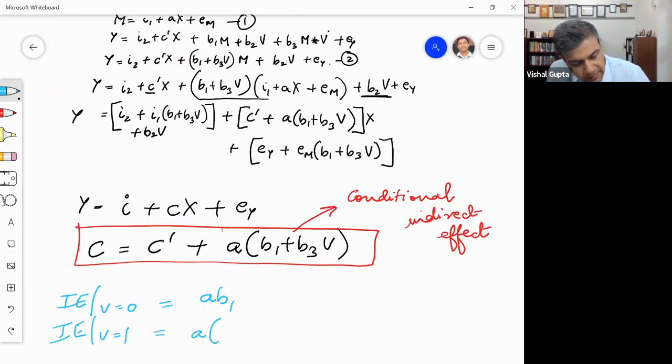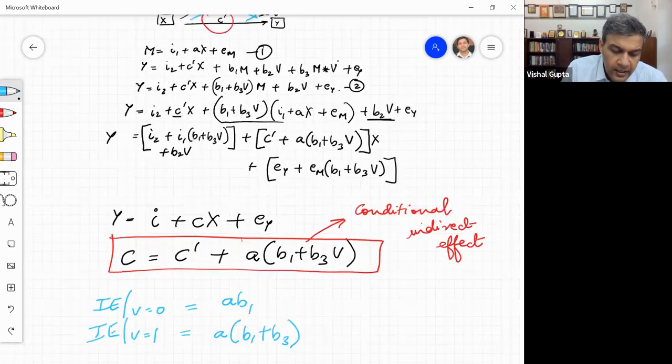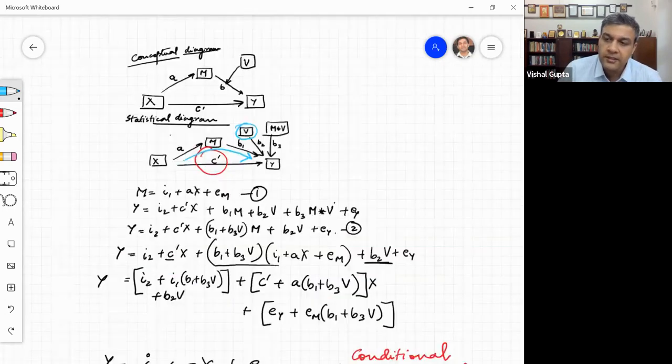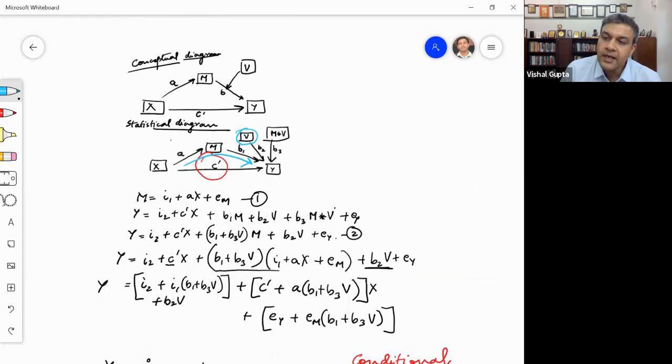It becomes a times b1 plus b3. So again, what are we trying to do? We are saying that the process we are looking at, the indirect effect, is not unconditional. It is actually conditional upon the value that V is going to take, because V moderates this path.